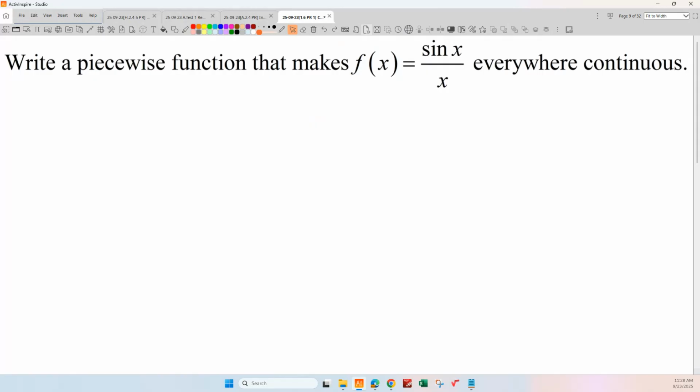So write a piecewise function that makes this function everywhere continuous. Okay, let's call this new function g of x. Where is it not continuous? It's 0, right? Okay. So every place except 0, what's our function going to be defined as? Sine x over x, yeah.